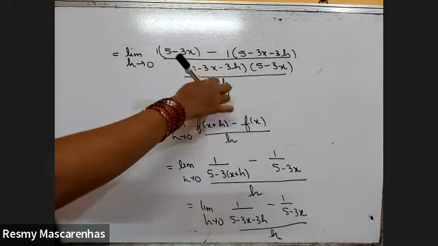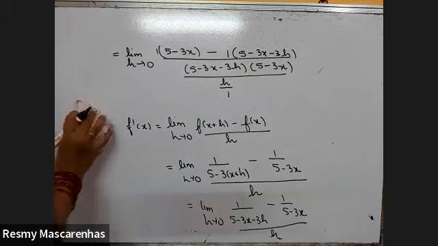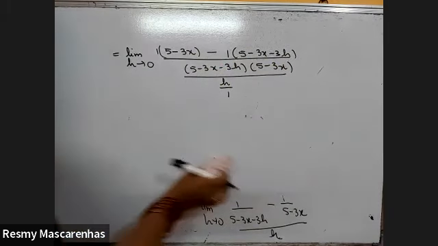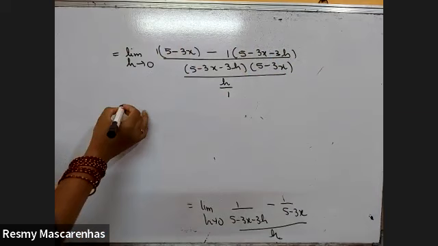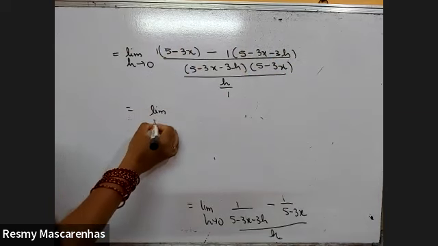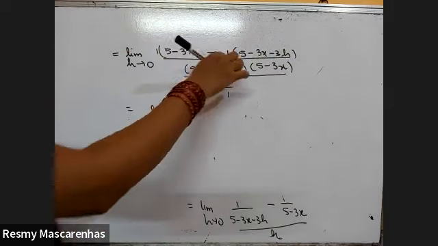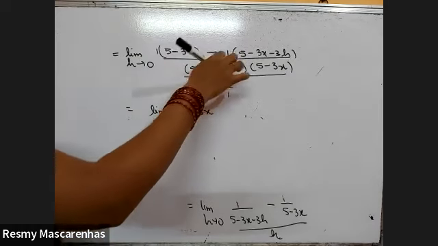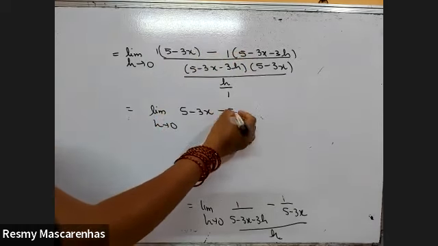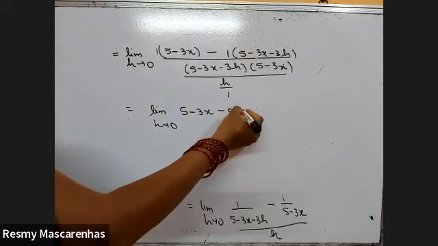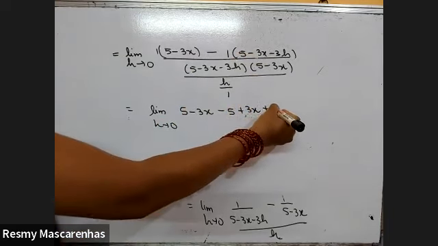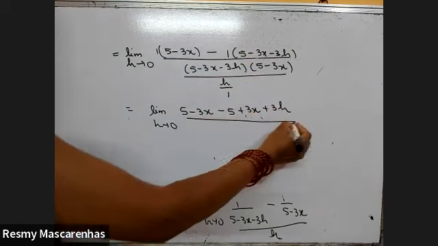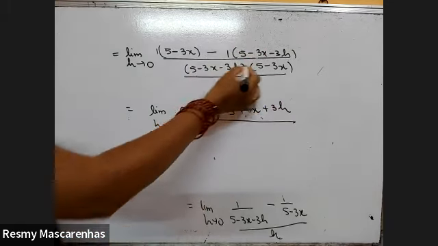So a upon b, c upon d. Open up the bracket now. Only the numerator is simplified. 5 minus 3x minus 1 into this is minus 5. Minus into minus is plus 3h upon.